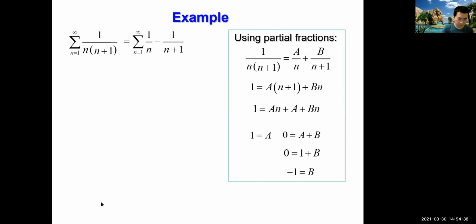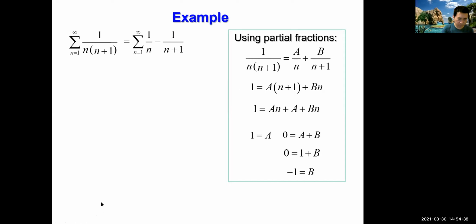Plug 1 in, so that's 1 minus 1 over 2. The second term, plug 2 in: a half minus a third. The third term is 1/3 minus 1/4. The fourth term is 1/4 minus 1/5.